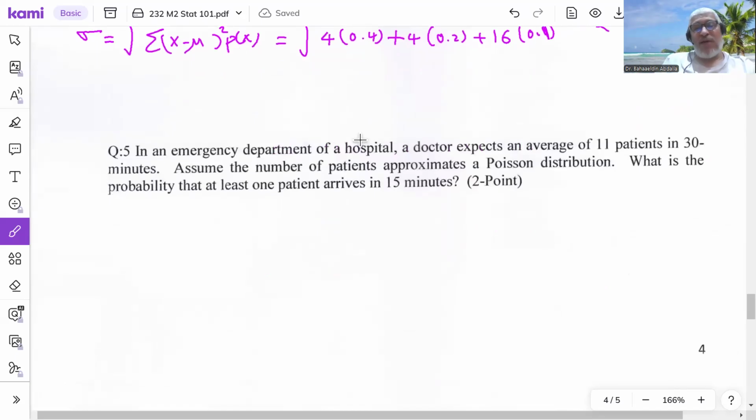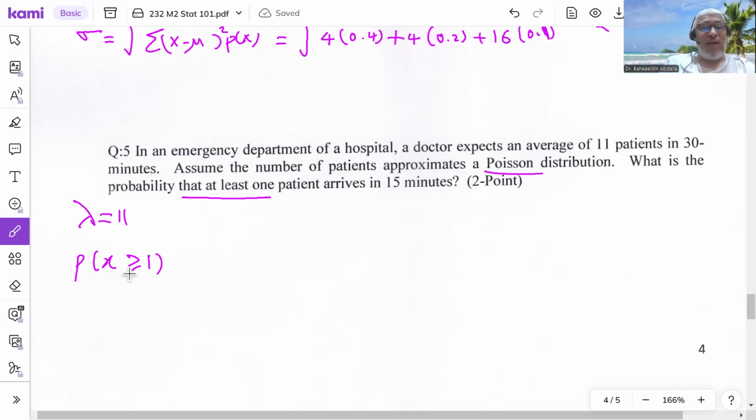In an emergency department of a hospital, a doctor expects an average of 11 patients in 30 minutes. So this is a Poisson distribution. Average 11, that's lambda. The segment here is 30 minutes. Assume the number of patients approximates a Poisson. What is the probability that at least one, so 1 or 2 or 3, so x is greater than or equal to 1.